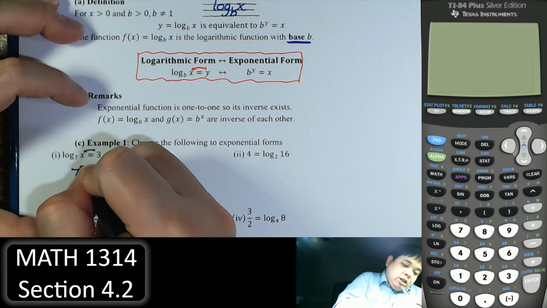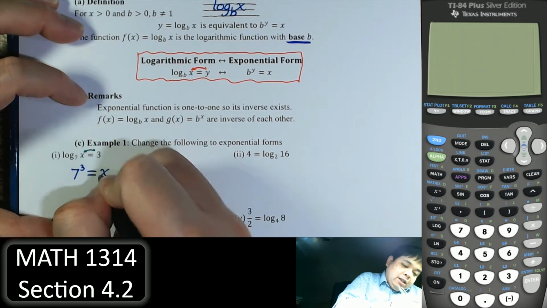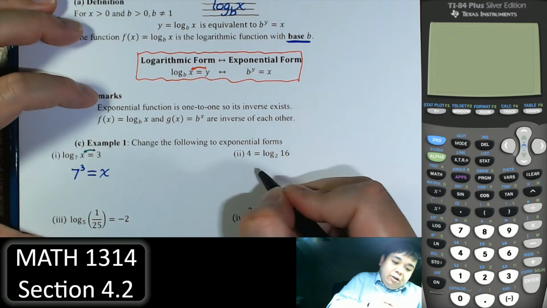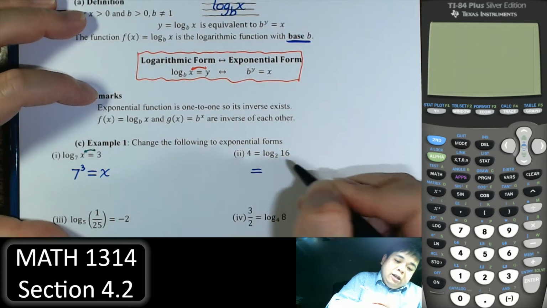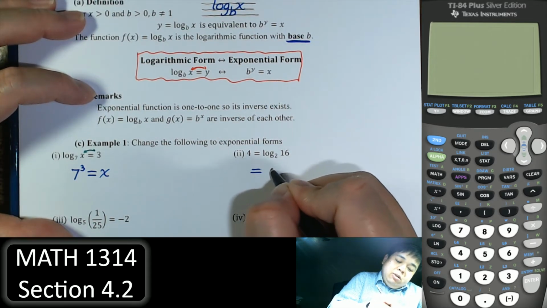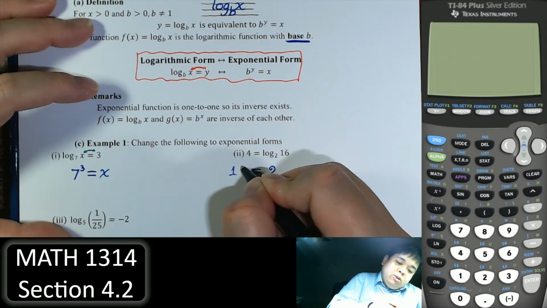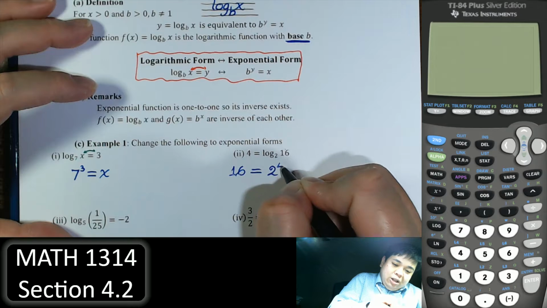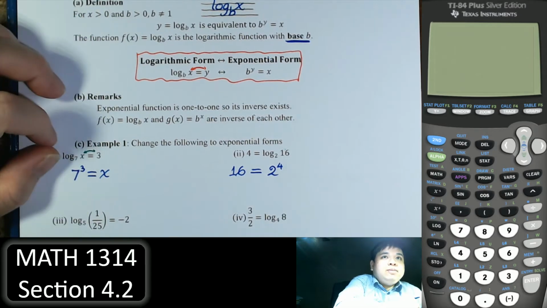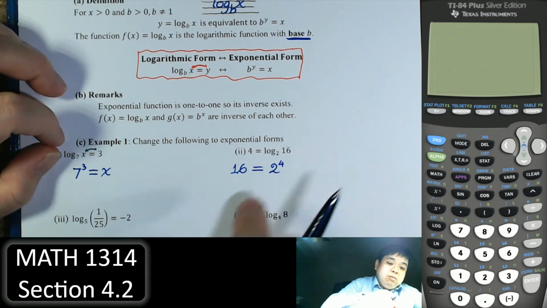So 3 and then x. Write the equal sign, and then the base, the subscript, and then switch the two numbers. 16 goes to this side, and the 4 goes to this side as the exponent. When we swap, it becomes the exponent.